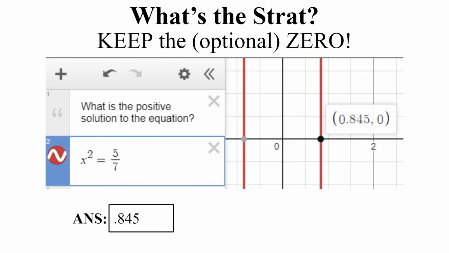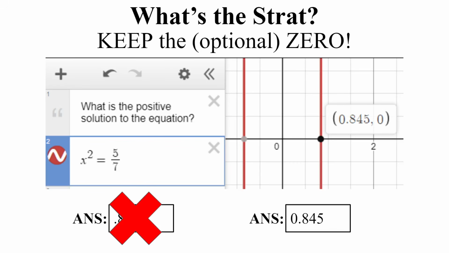If you see .845, that's only 4 characters. So that would be marked wrong. But if you put exactly what Desmos has, 0.845, that would be marked correct, because technically that is rounded or truncated to 5 characters, and that would be marked right.